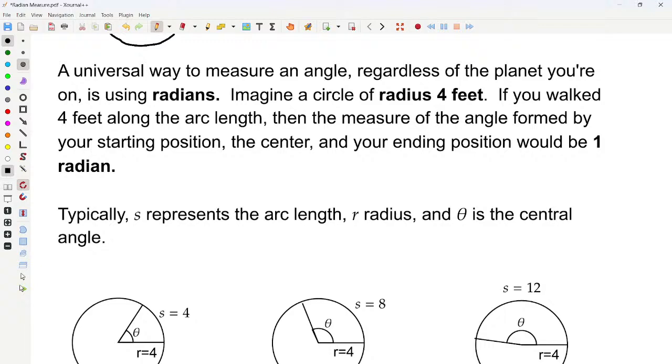So building the story, what is a more universal way, whether I'm on Jupiter or the moon, or if I'm an alien from another planet? One thing I'm always going to have is my feet. No matter what planet I'm on, that's something I can count. I don't need to watch the stars.